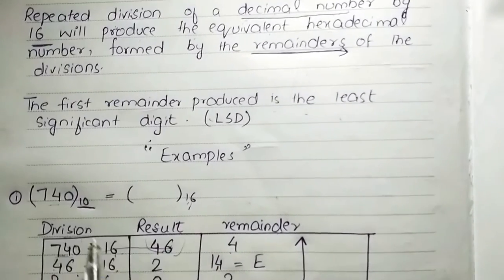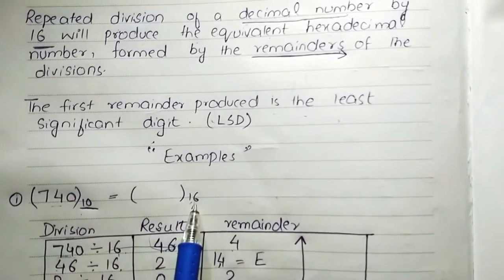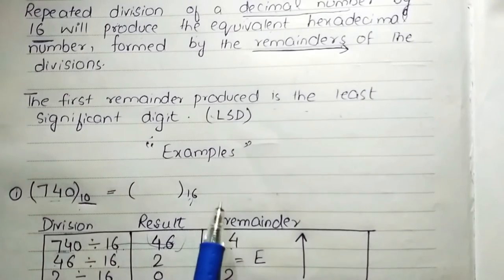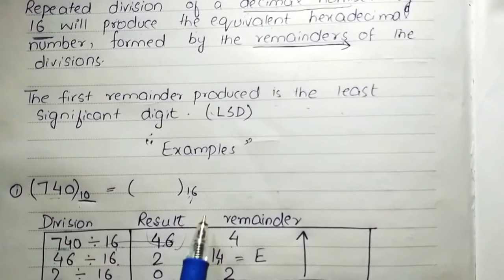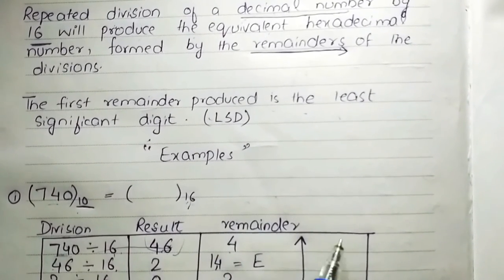As we are converting the number from decimal to hexadecimal, in hexadecimal we will not write 10, 11, 12, 13, 14.